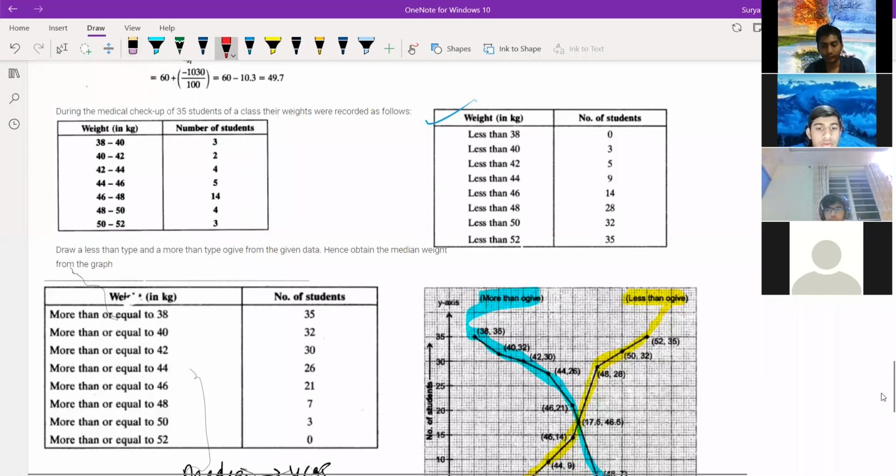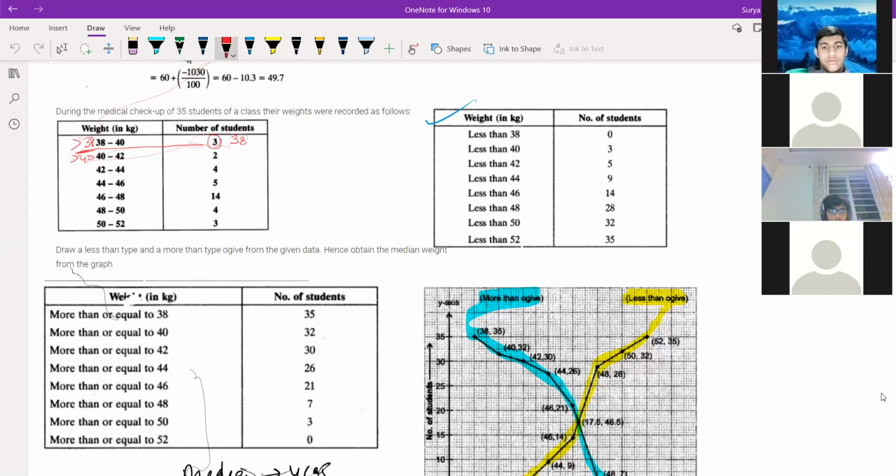See, if I tell you more than 38, what will come, Drishti? Everything is coming under more than 38, right? If there are 35 students and I ask you more than 38, everything will come into the picture or not? Then if I say more than 40, these 3 people will be removed.